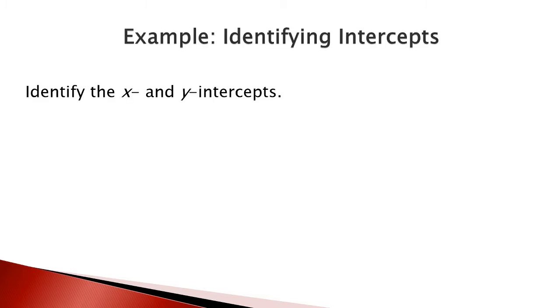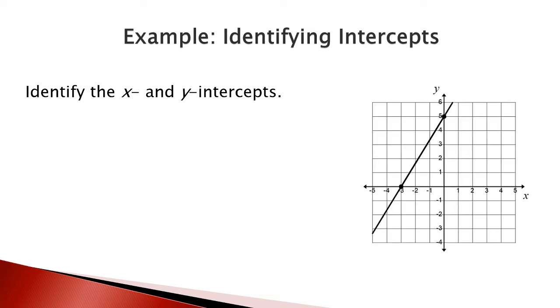Let's learn this by an example. Let's try to identify the x and y-intercepts of this particular graph. As you can see, this graph intersects the x-axis at this particular point and the y-axis at this particular point. So the x value at this point will give you the x-intercept, and the y value at this point will give you the y-intercept.